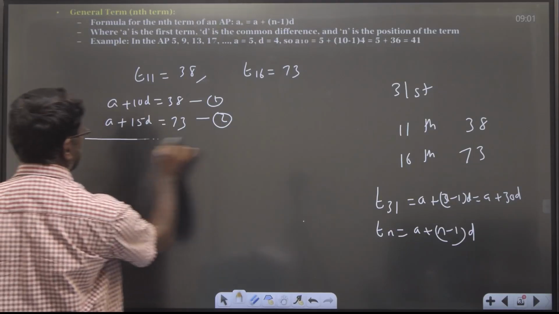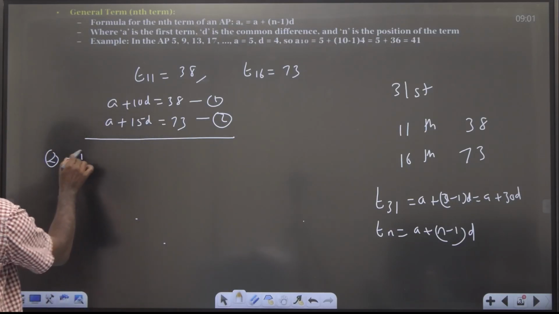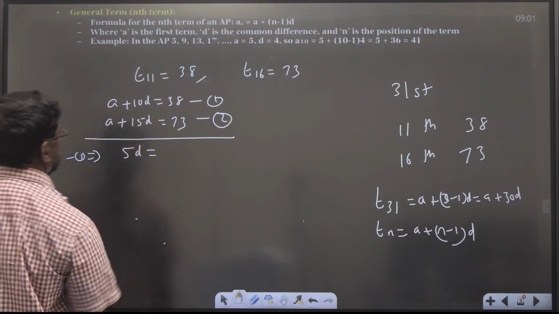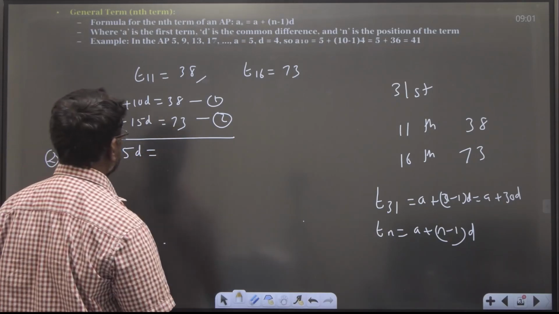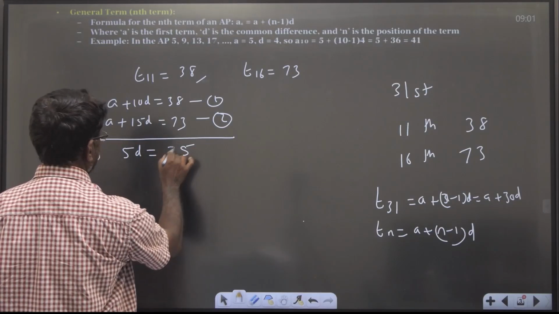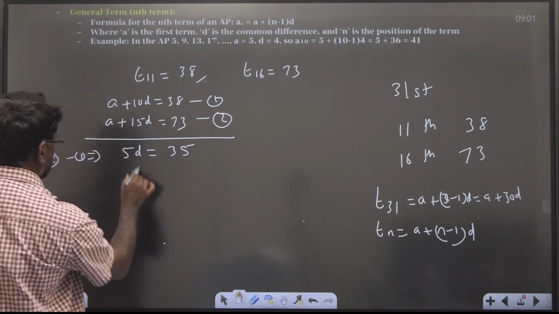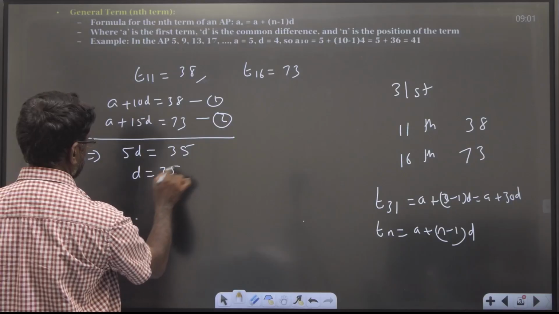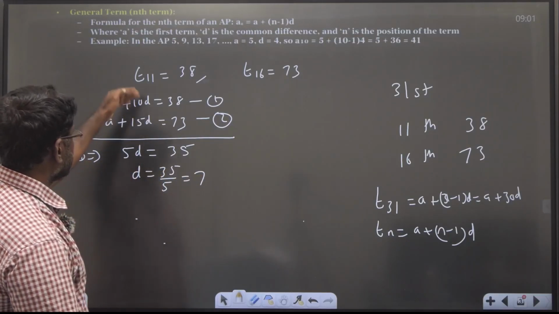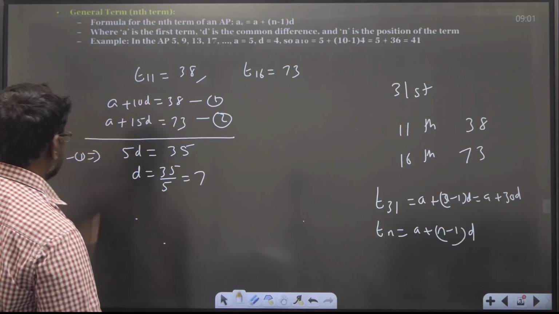We have to find a and d from these two equations. So subtract, 2 minus 1. a will be cancelled, that is 5d equals 73 minus 38, that is 35. So d is equal to 35 by 5, equal to 7. Substitute the value of d in either equation and you will get a.